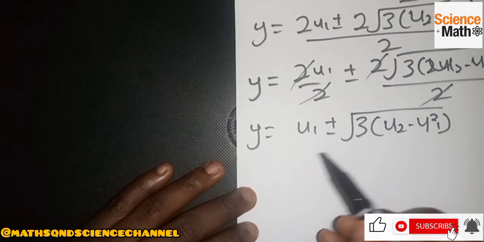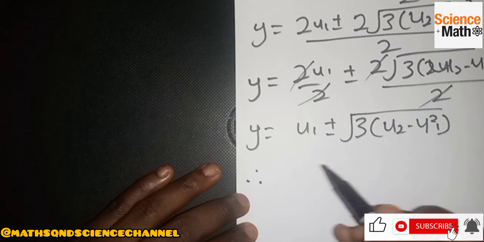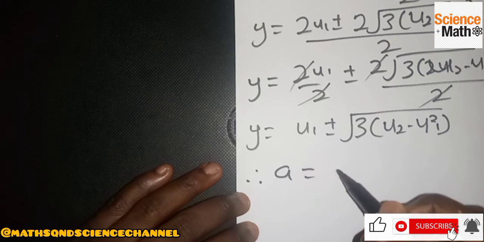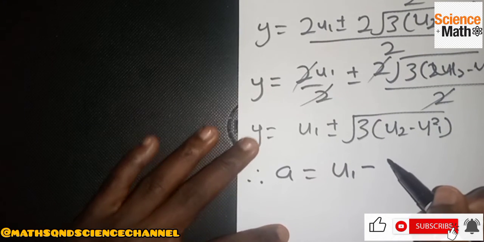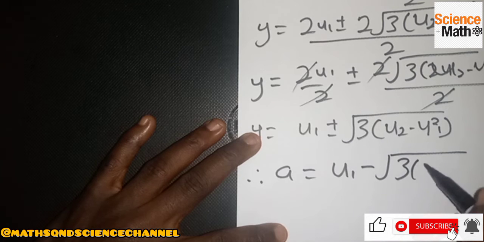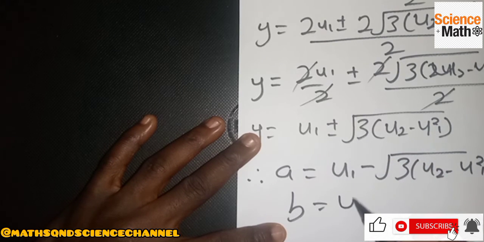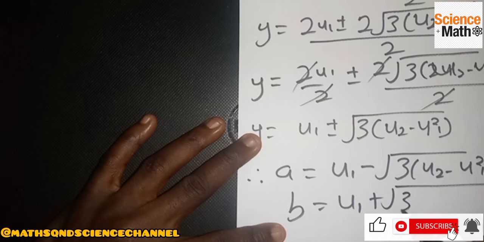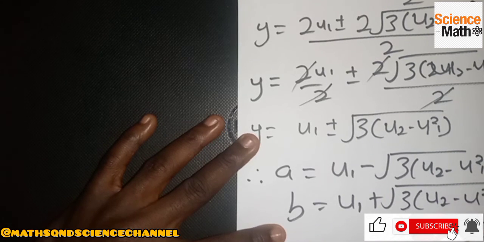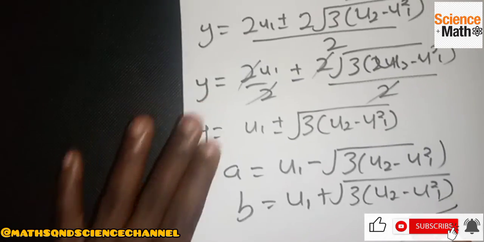So from here we can say that our a and b, so a here will be equal to u1 minus root 3 times u2 minus u1 squared, and then the b, because it is two parts, positive side and negative side, the b part will be the positive side, u1 plus root 3 times u2 minus u1 squared, and that will be the values for a and b.